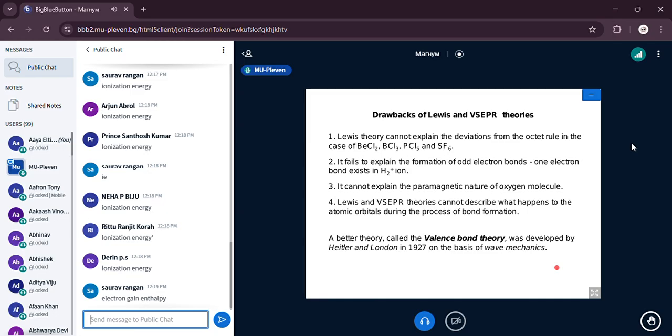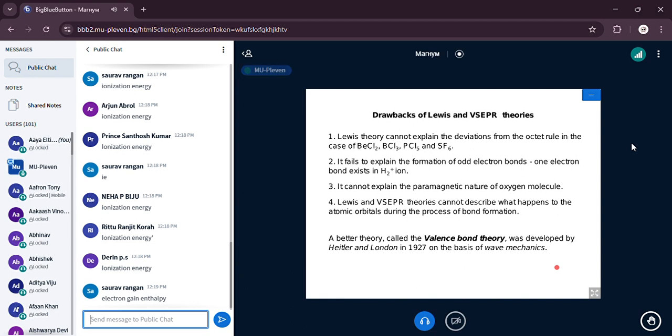Obviously, we are going to discuss the next theory about chemical bonding. That's why we need to mention some drawbacks, some disadvantages of the Lewis and VSEPR theories.